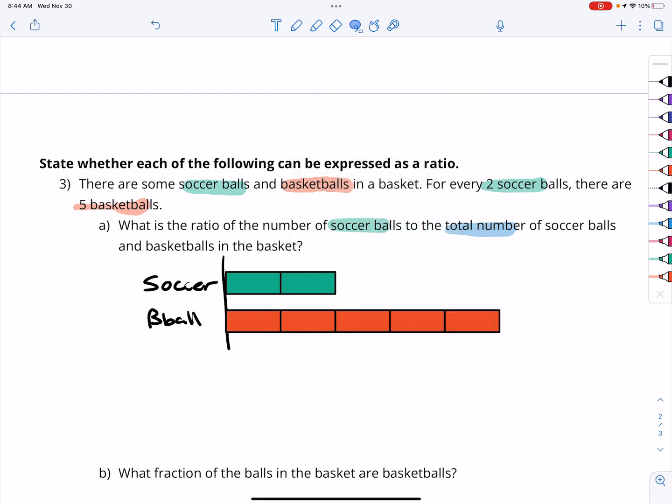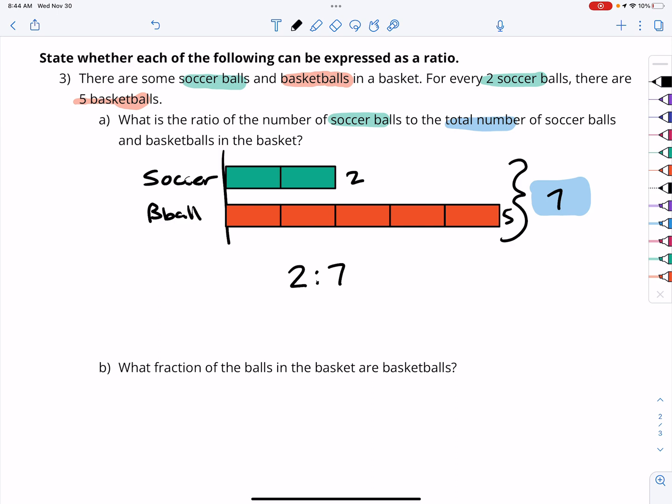Great. So we have 2 to 5. Awesome. So we want to know the ratio of soccer to total. So I'm going to add that total. We know 2 plus 5 is 7. So the ratio of soccer balls to the total is 2 to 7.